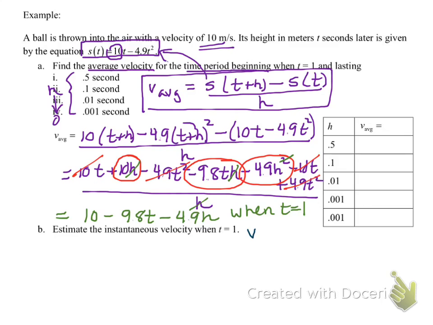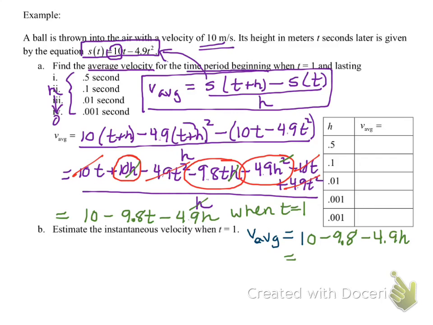So v average at t equals 1 becomes 10 minus 9.8, because we're letting t be 1, minus 4.9h.